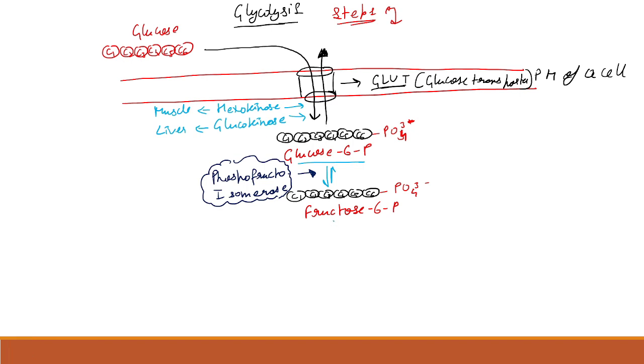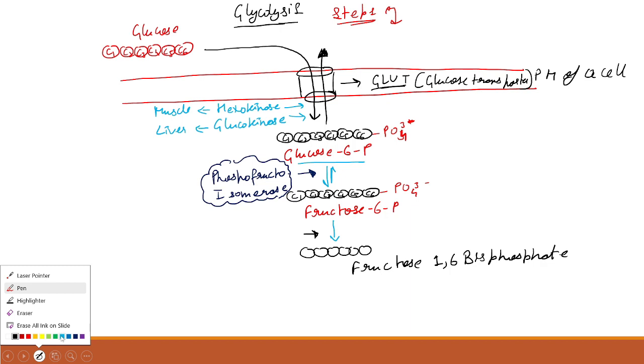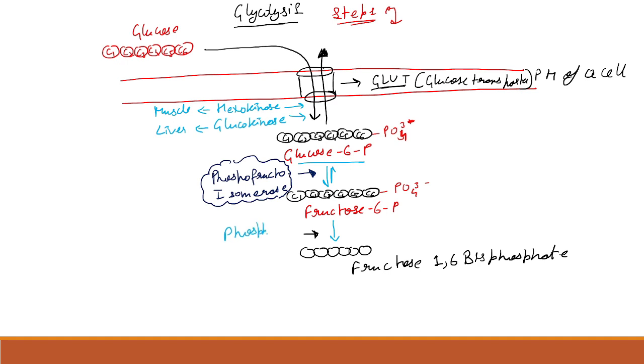Now again, fructose 6-phosphate would change itself into fructose 1,6-bisphosphate, and the enzyme involved in this we will call phosphofructokinase 1.